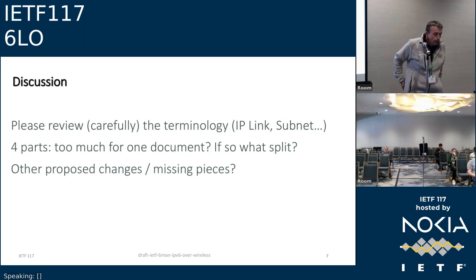Well, maybe we should have a look at this before too much more time passes, because there are many things in here that are very scary to me, right? It sounds like Dave Thaler's IPv6 multi-link subnet document. It's obsolete, yes.